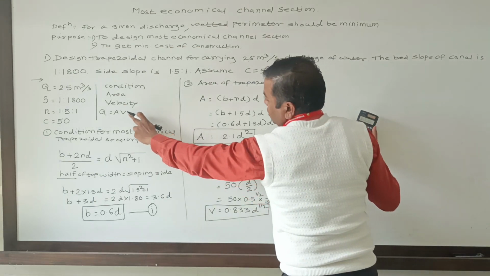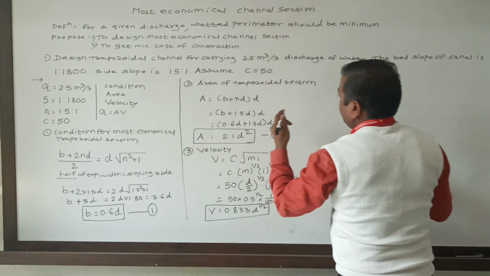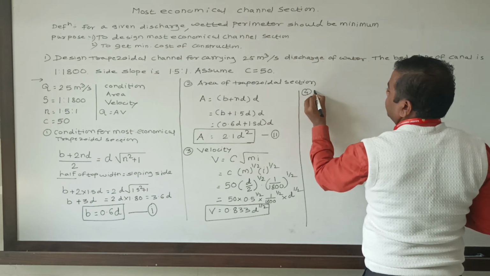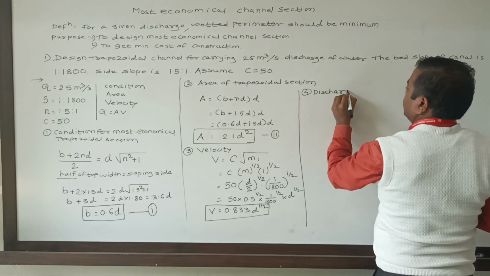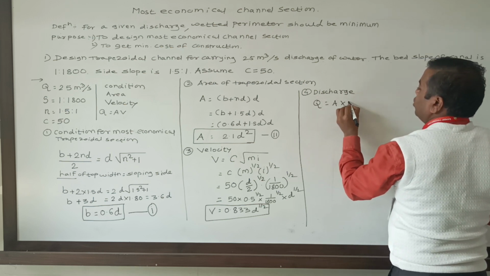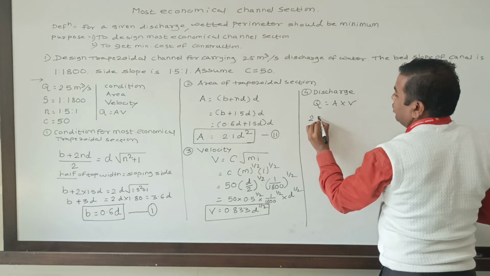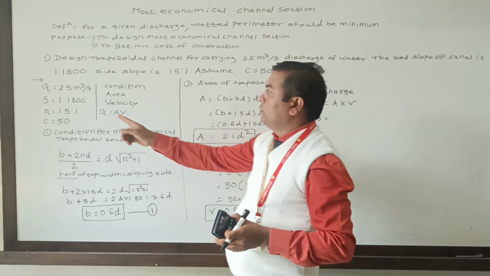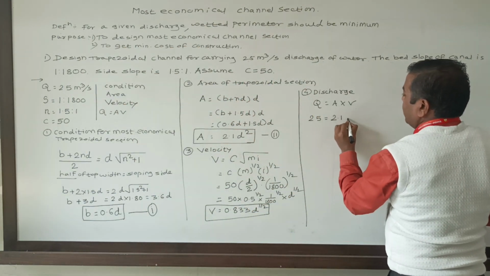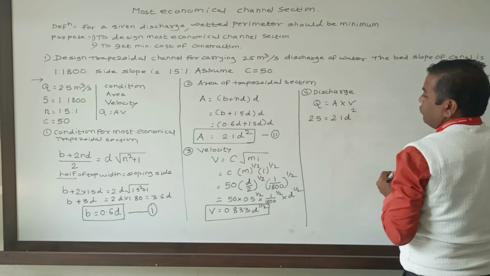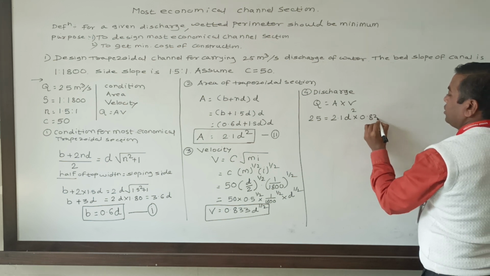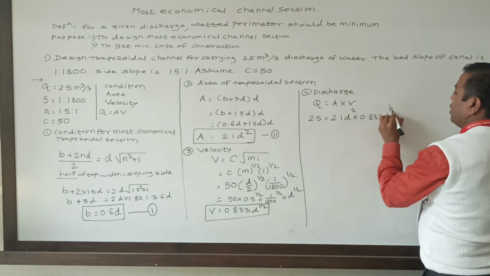Now in the fourth step, we need to calculate the discharge. So discharge Q is equal to area into velocity. Q you know is 25 meter cube, that is given here. Area is equal to 2.1 d square into velocity, which is 0.833 d raised to half.